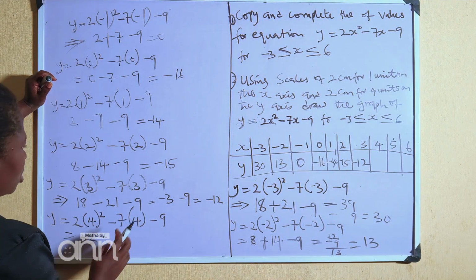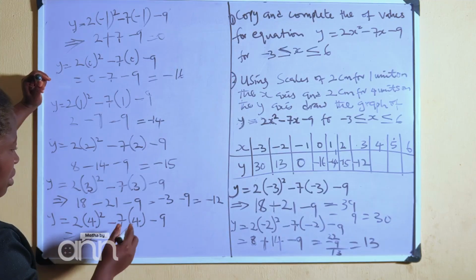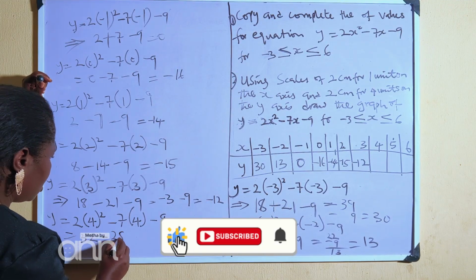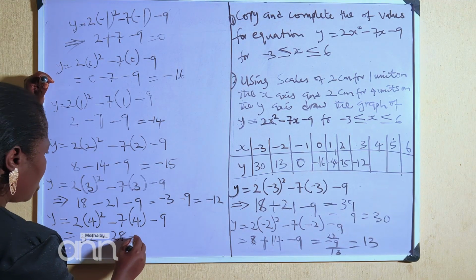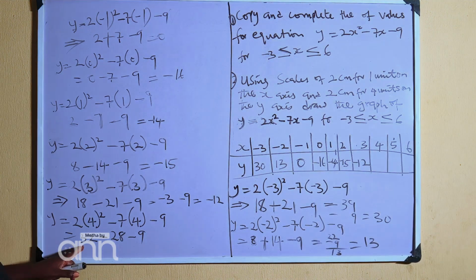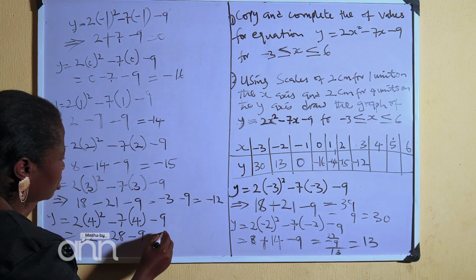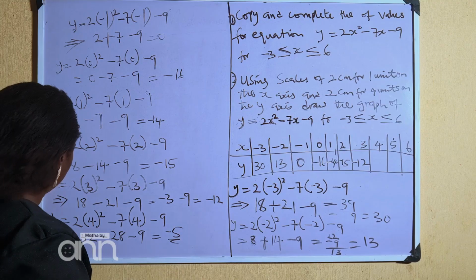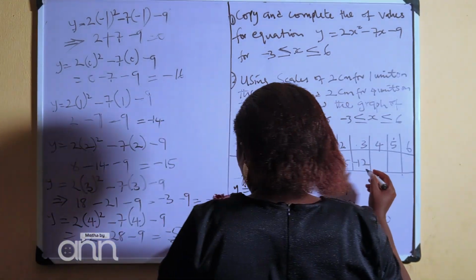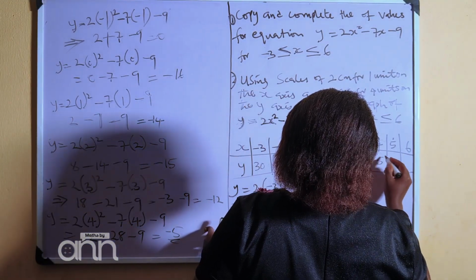Minus 7 multiplied by 4 is 28, minus 9. 32 minus 28 is 4. 4 minus 9 is minus 5. So in this case, y is minus 5.